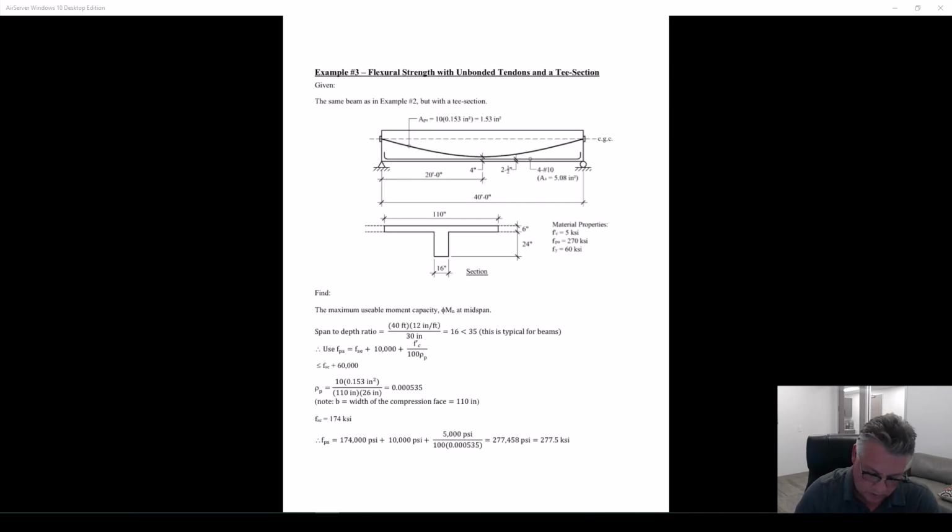Okay, one more example. Again, unbonded tendons. That is the big trigger to you about which FPS equation to use. By the way, from this point forward, after you do homework number 4, it's always unbonded tendons. I did a brief homework number 4. I did an example. That was bonded. That was for those of you who are going to ruin your lives and go on to bridge design. Just kidding.